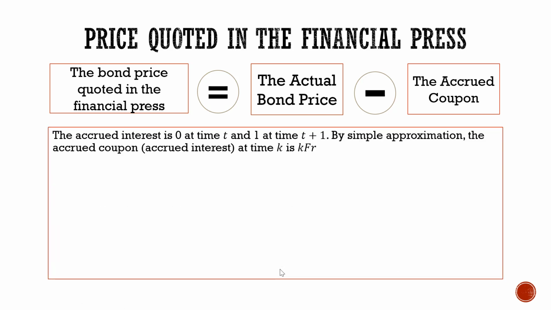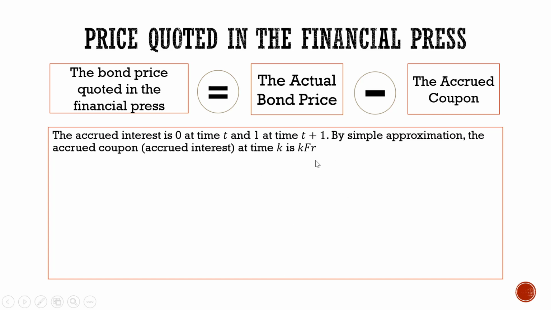So assuming that the accrued interest is 0 at time t and 1 at time t plus 1, by simple approximation, the accrued coupon at time k is k times Fr. Fr here is the coupon.